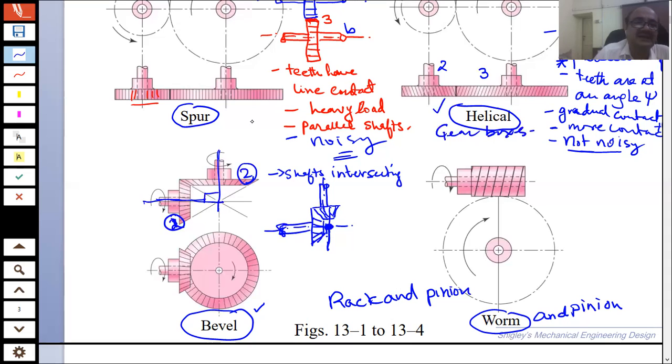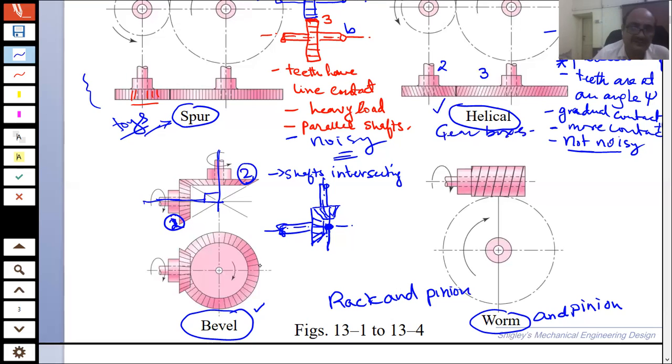And you would have seen spur gears very commonly in day-to-day utensils, in toys, in machines like wood cutting and mechanical systems like that.